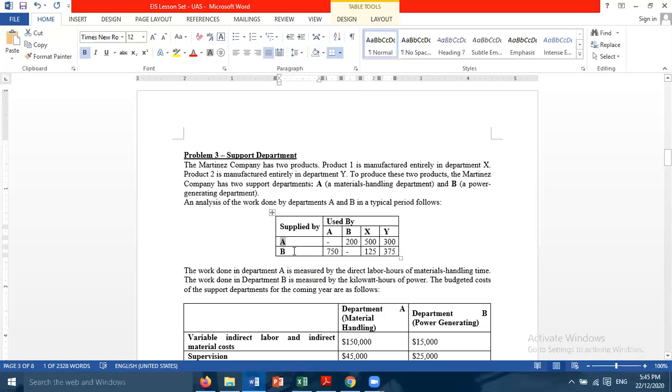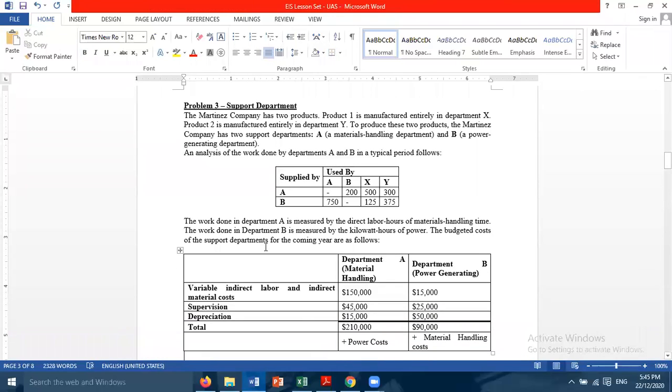The same thing applies to the one below, which means A uses 750 units of work done from B, X uses 125 units of work done from B, and so on. The work done in Department A is measured by the direct labor hours of materials handling time, whereas the work done in Department B is measured by kilowatt hours of power.